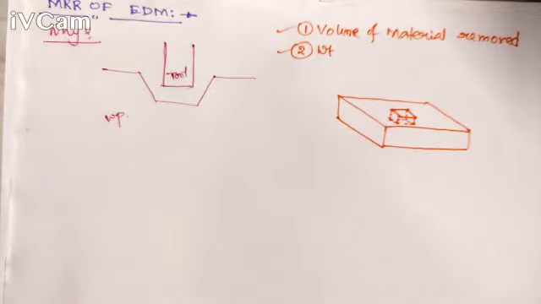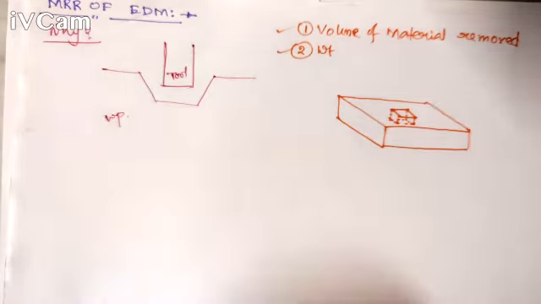So that is one possibility. There is another possibility: how much weight we had before machining, and after machining what is the weight of the workpiece. If you subtract and divide by time, then we will find the material removal rate. So both are possible.